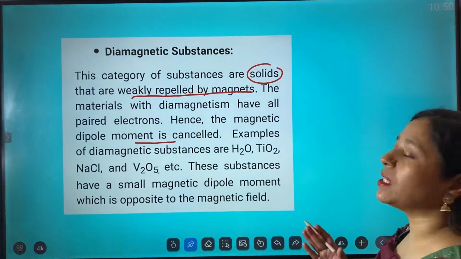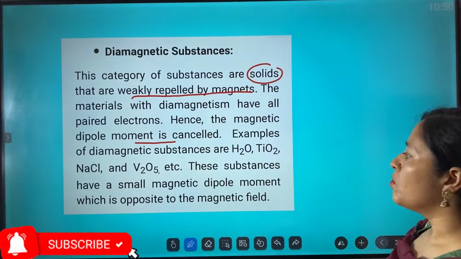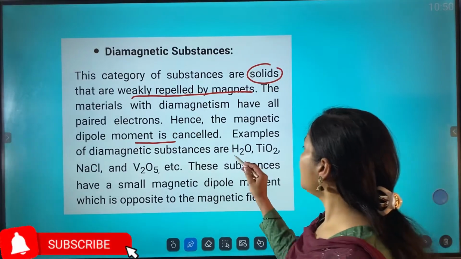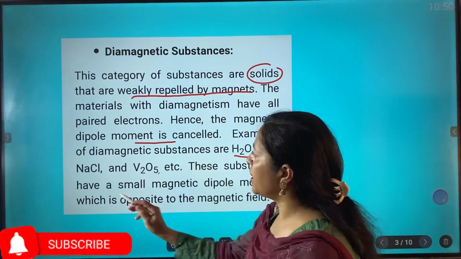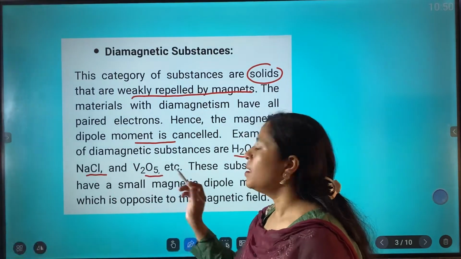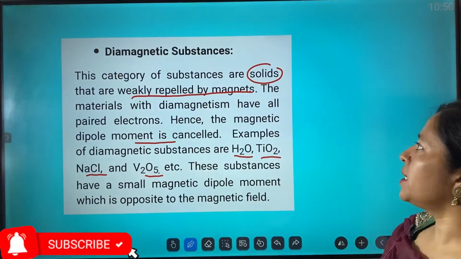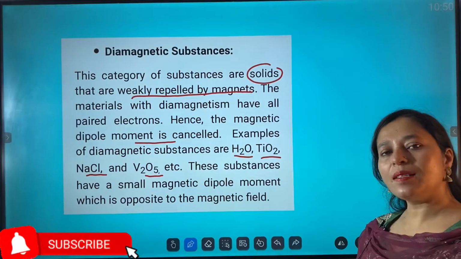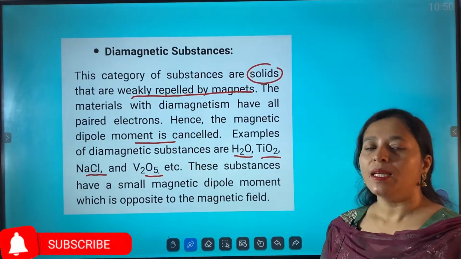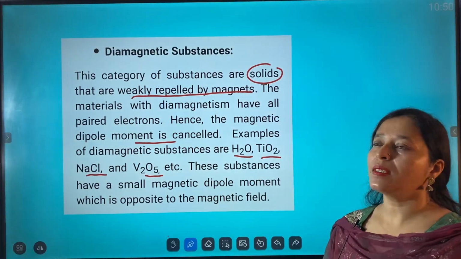Even then they have a small magnetic moment. Examples are water, titanium oxide, sodium chloride and vanadium pentaoxide.